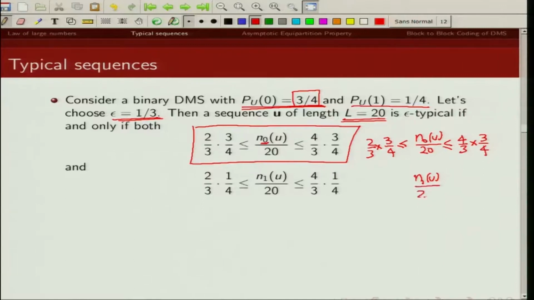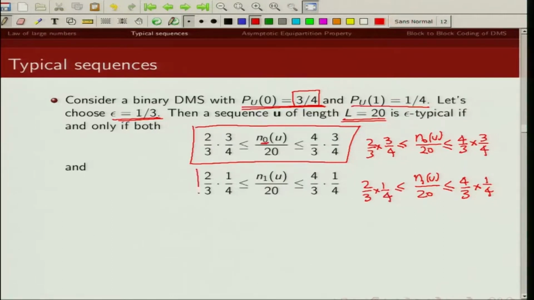So N1U by 20 should be less than or equal to 1 plus epsilon, which is 4 by 3 in this case, into probability of occurrence of U equal to 1, which is 1 by 4. And similarly, the lower bound will be 1 minus epsilon, which is 2 by 3, into 1 by 4.